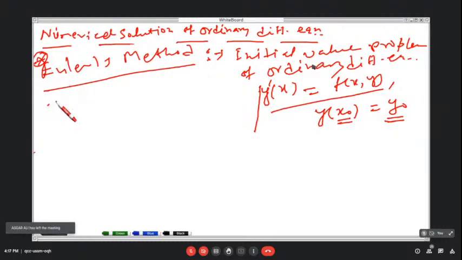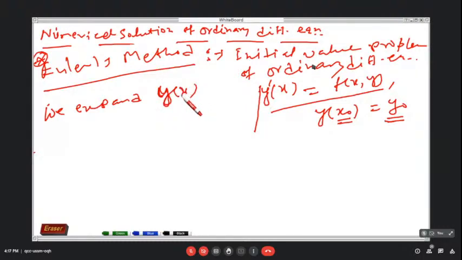So y is a function of x; here x is the independent variable and y of x is the dependent function.